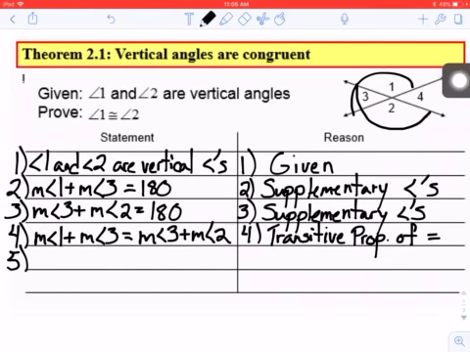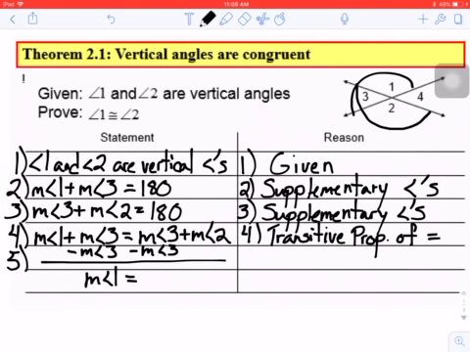What happens if I take away the measure of angle 3? Whatever I do to one side, I do to the other. And if I do that, I'm left with just the measure of angle 1 is equal to the measure of angle 2. And the reason for that is because of the subtraction property of equality, because that's what I did. I subtracted.